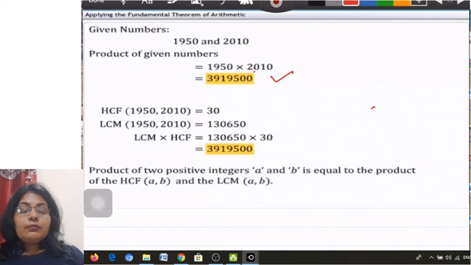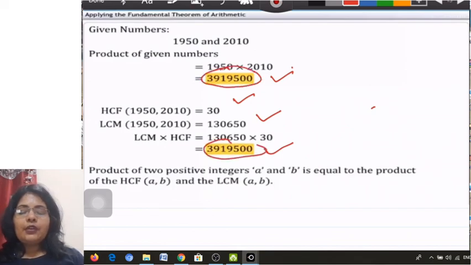Now when we take the product of HCF and LCM, this is the HCF we have taken out earlier, and this is the LCM. When we multiply this HCF and LCM, what do we get? We get the same number that we got as the product of the numbers.